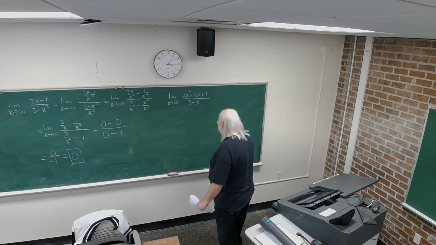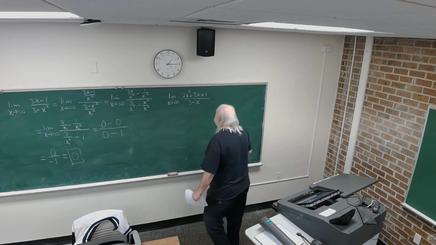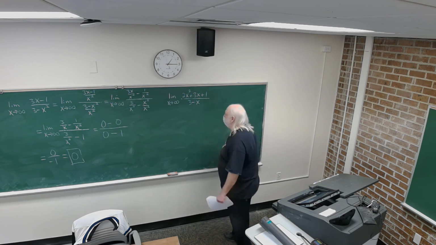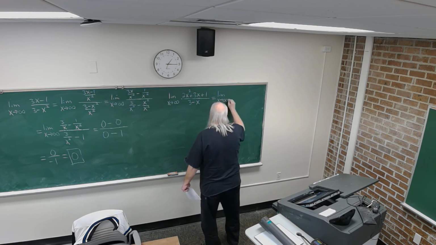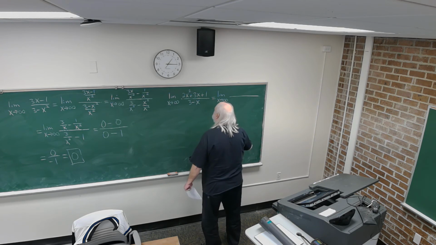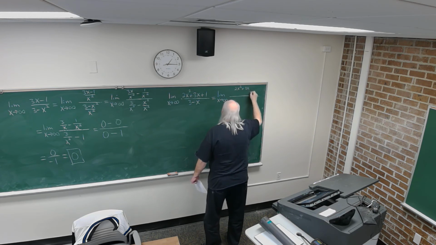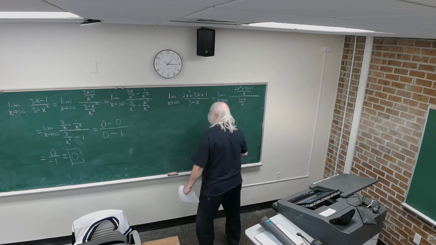All right, so let's determine, does it go up or does it go down? Okay. So the largest power of x in the denominator is 1. So we're going to divide top and bottom by just x. So we have (2x squared plus 3x plus 1) over x over (3 minus x) over x.